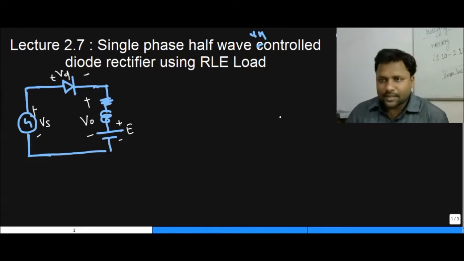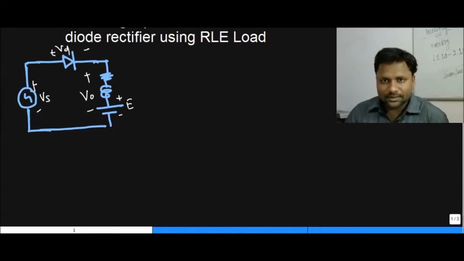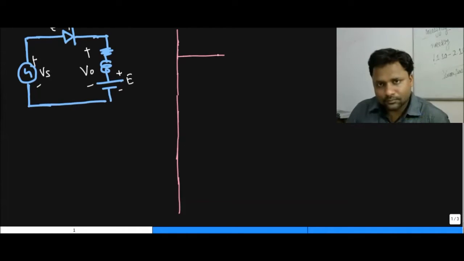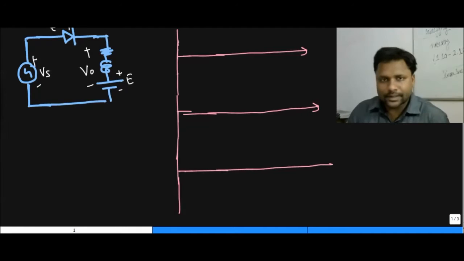So this can be explained by the waveform. So first draw the waveform, then we can come to some conclusion point. Let's draw the waveform of it. It is going to be in this fashion. Just like this.